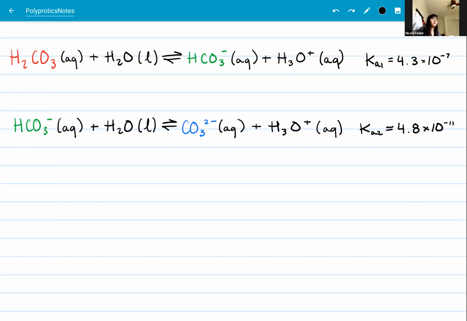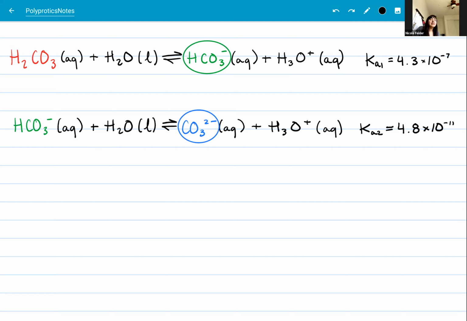Now let's think about polyprotic bases. Remember what I said earlier about polyprotic bases just being the conjugate bases of polyprotic acids. So for these two acids, their conjugate bases are highlighted here. Carbonate is the conjugate base to bicarbonate, and bicarbonate is the conjugate base to carbonic acid.